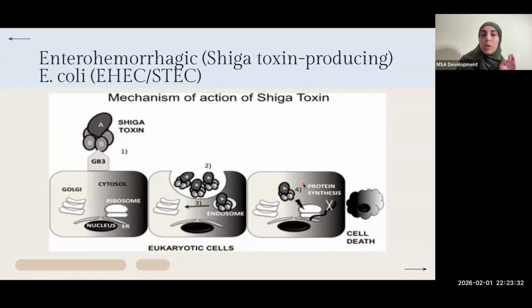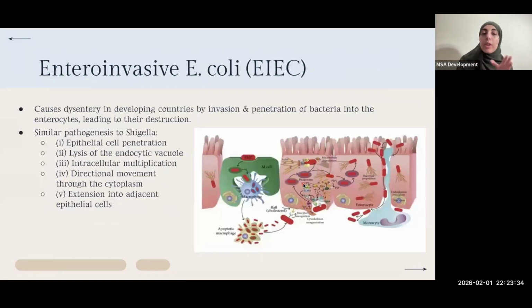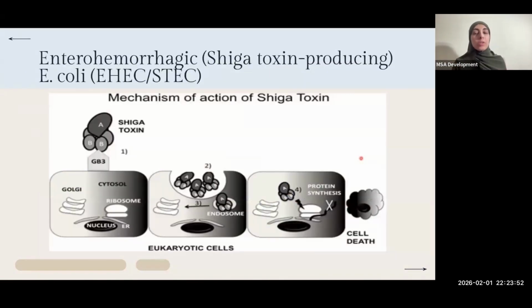While enteroinvasive is a similar mechanism to Shigella, which is going into the nearby cells, destroying them, and leading to destruction. So they both are similar to Shigella, but enteroinvasive has a similar mechanism to Shigella, while enterohemorrhagic has the Shiga toxin or Shiga-like toxin. Okay, just know the key difference between these two.